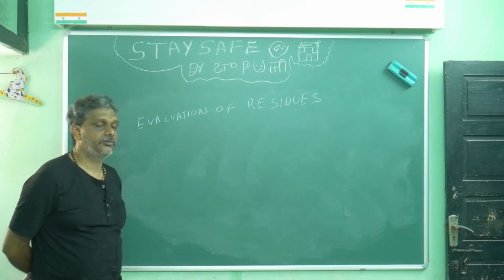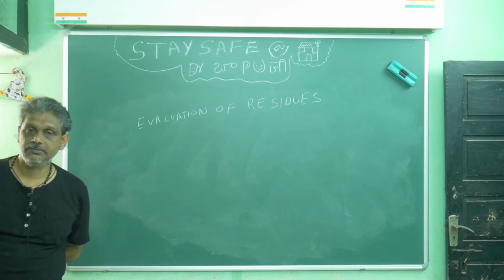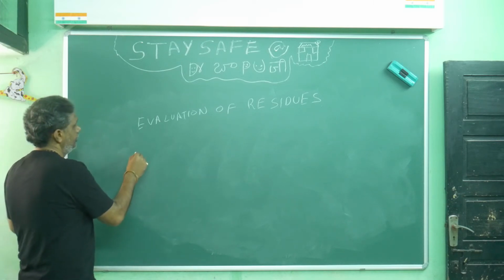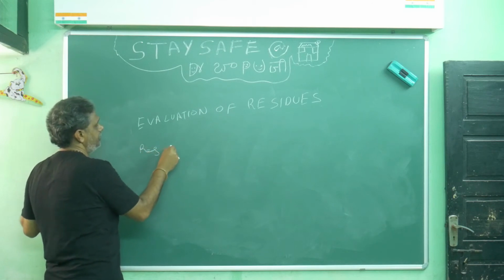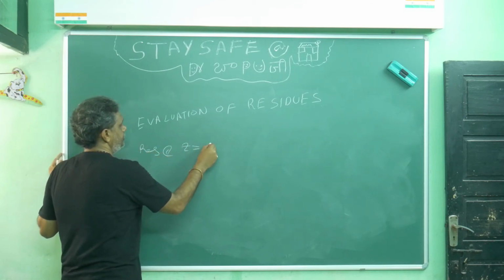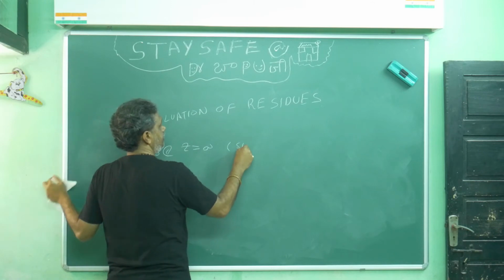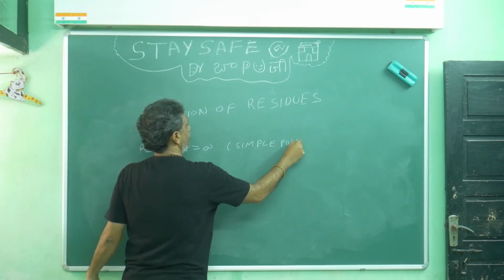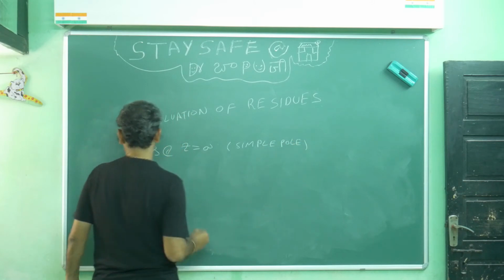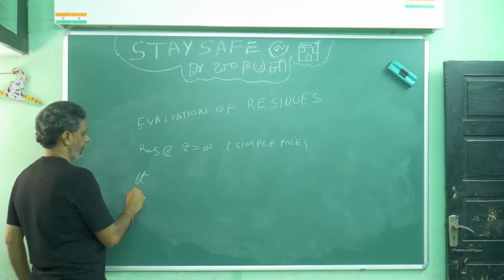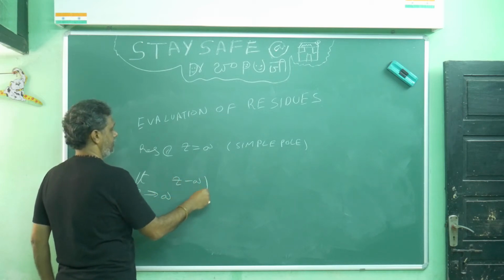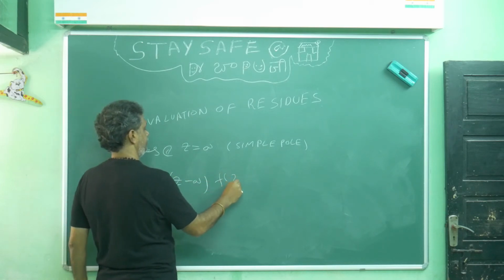Simple pole means how you will attack. A pole of order m, other than 1, how will you do it? Suppose it is a simple pole, the residue at z is equal to a. This is the simple pole case I am talking about. This is how they will write it: limit z tends to a, (z minus a) f of z.